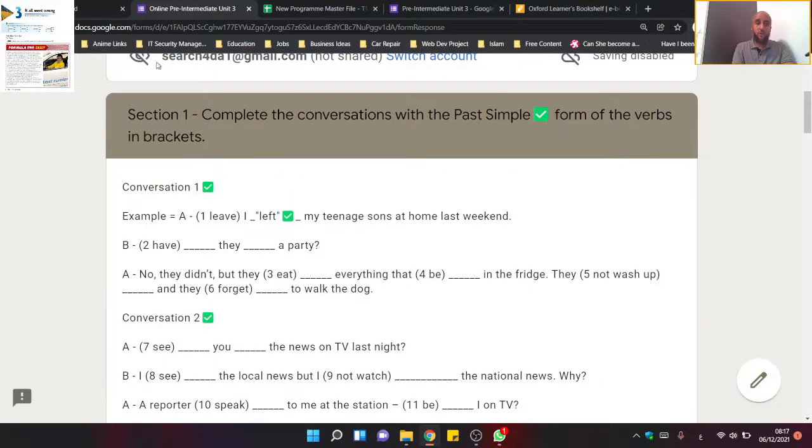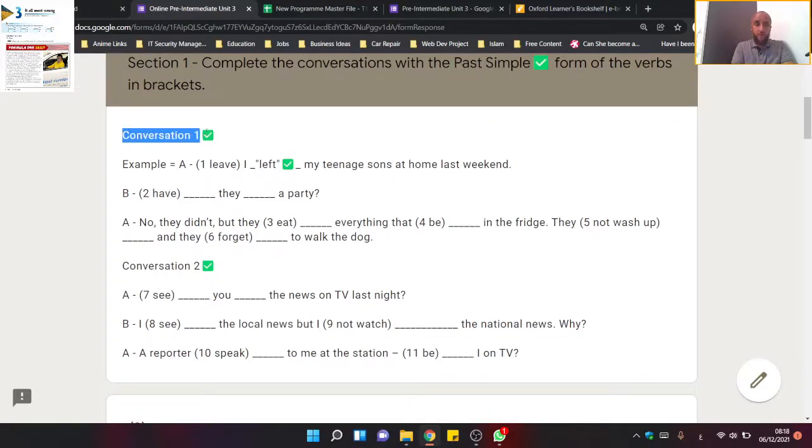Section 1, if you can see, what does it say? It says, complete the conversation with the past simple. Guys, remember the past simple? This is for past actions and they are complete. Done. Good. So let's quickly go through it.